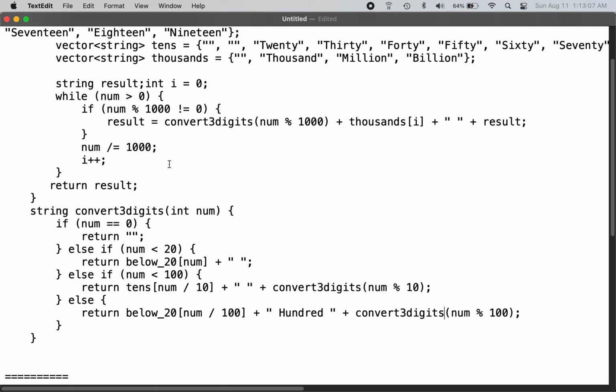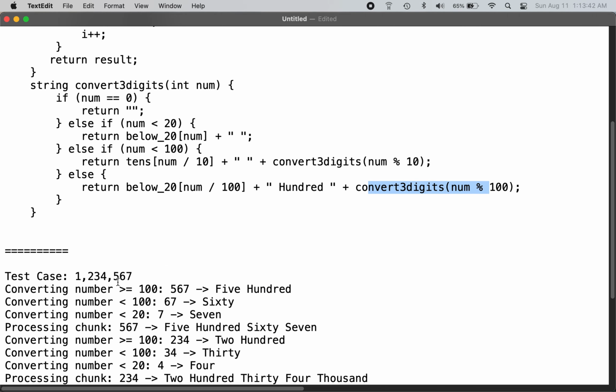If it is below 100, then you tap into the tens, and then you tap the remainder, num percentage 10. If it is above 100, you once again divide by 100, you get the below 20 value, then hundred, and then convert the remainder of it here. If you see the run, 567 as discussed is a chunk of 3.